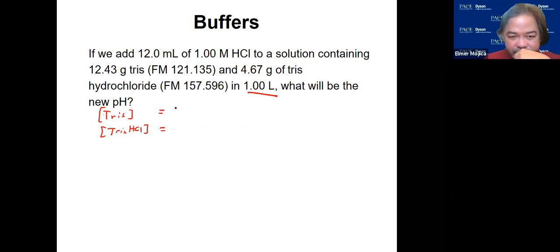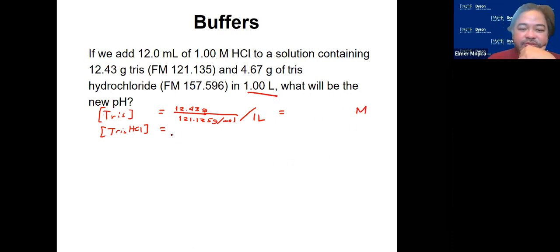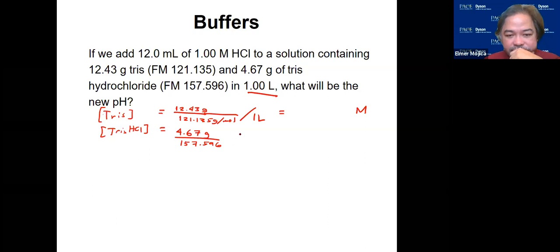So Tris would be 12.43 grams over 121.135 grams per mole, and then all of it in 1 liter. So that means the concentration is molarity. And then the other one, 4.67 grams over 157.596 grams per mole over 1 liter.